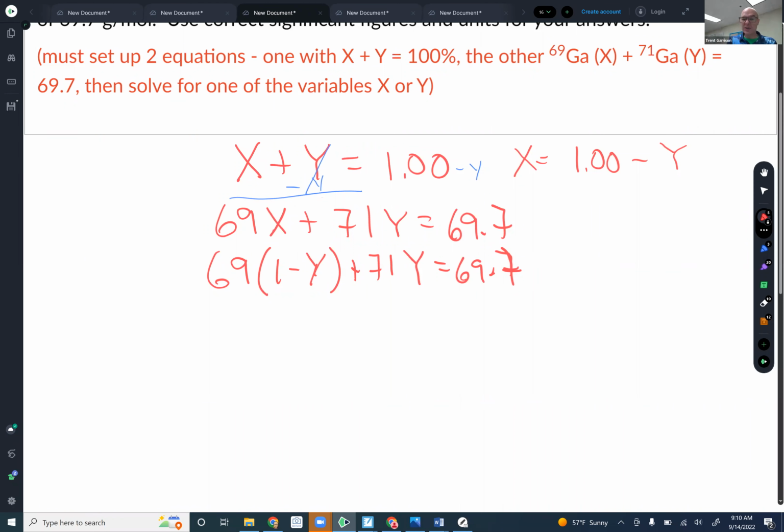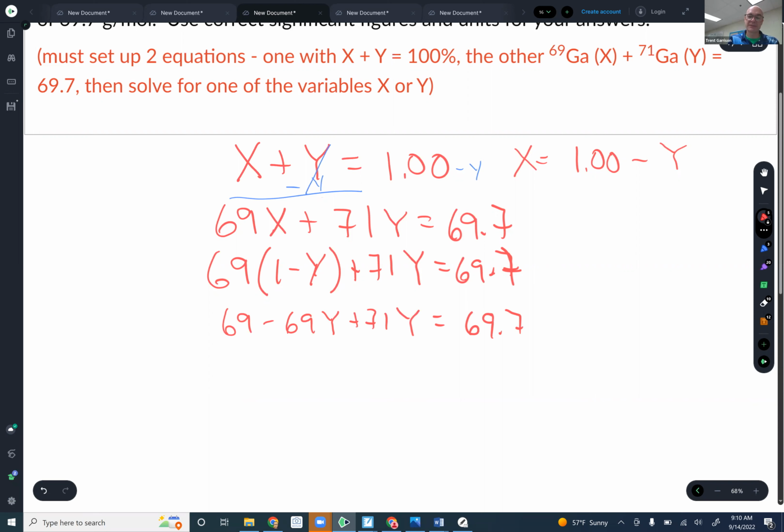Now we have to combine so that we can solve for y, because now I just have an equation with one variable. We distribute: 69 minus 69y plus 71y is equal to 69.7. Combining, 69 plus 2y equals 69.7.